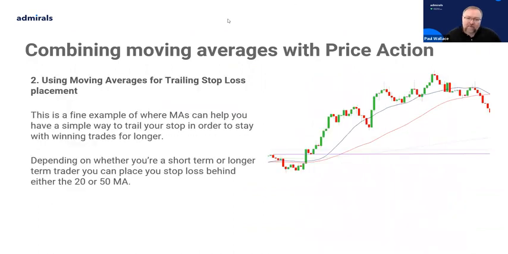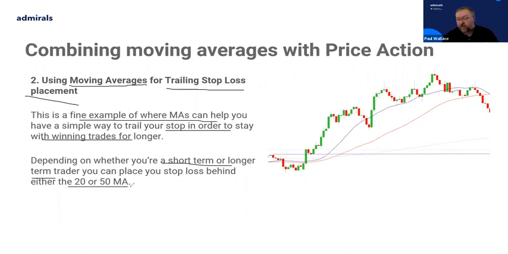Where moving averages can start to be very useful for you is that I see traders using moving averages as their trailing stop loss. It's a fine example of where moving averages can help you, with a simple way to trail your stop in order to stay with winning trades for longer. Depending on whether you're a short-term or a longer-term trader, you can place your stop loss behind either the 20 or the 50 or another particular moving average.